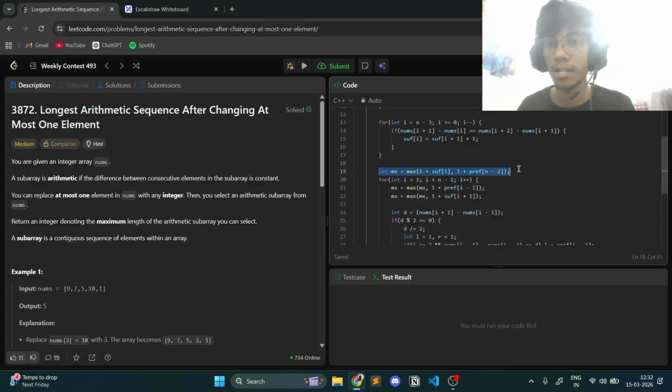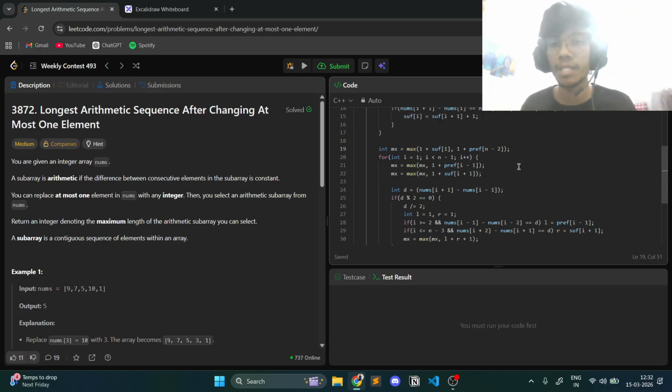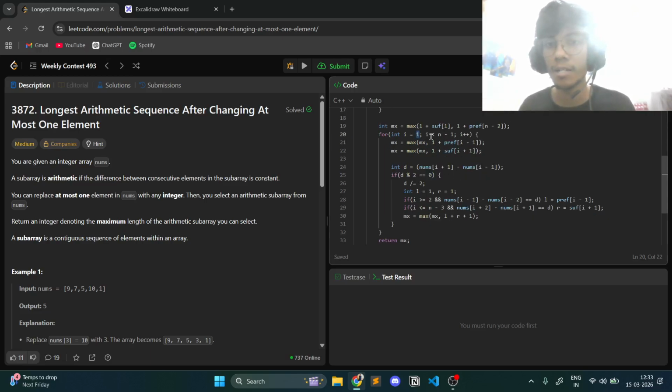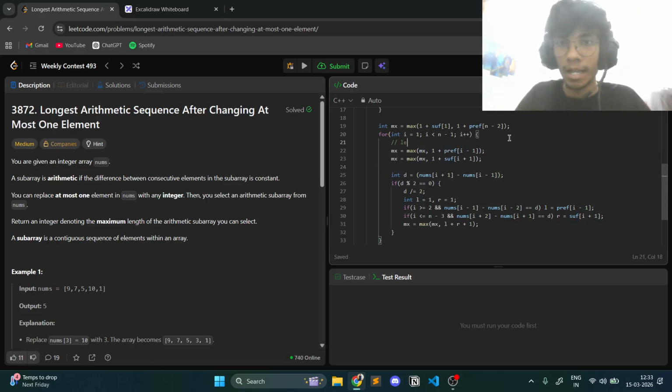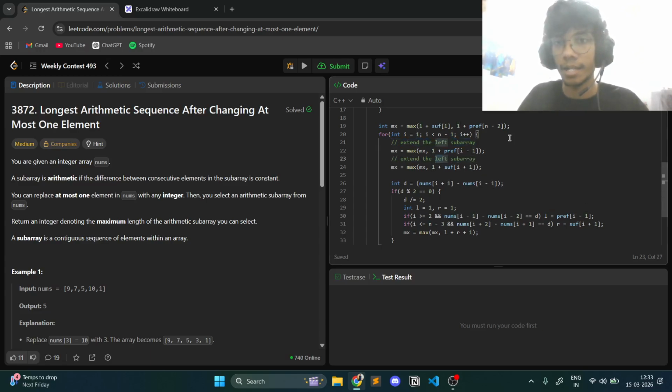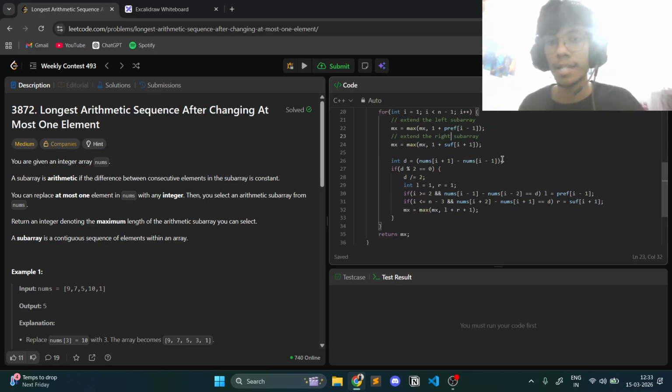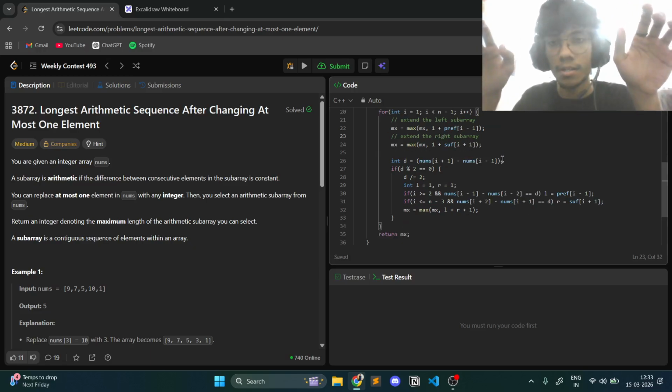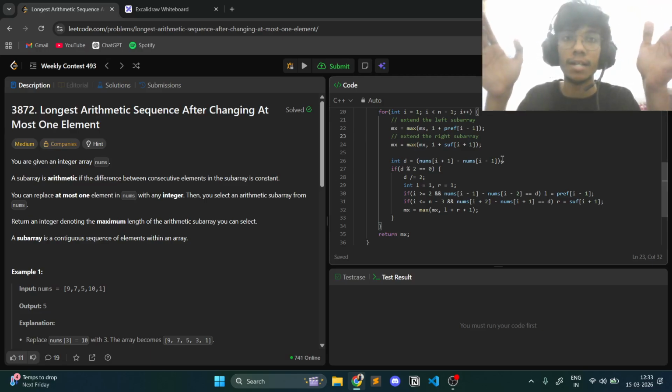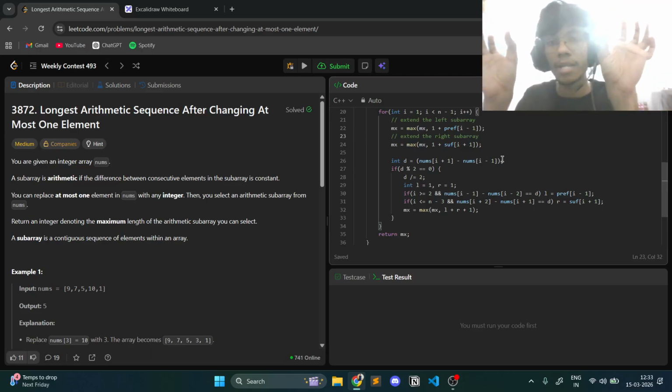I've initialized my maximum with these base cases, and now I start from 1 to n minus 1. First of all, I extend the left subarray, and then similarly I extend the right subarray over here, and then the last possibility is to merge both the left and right subarray respectively.